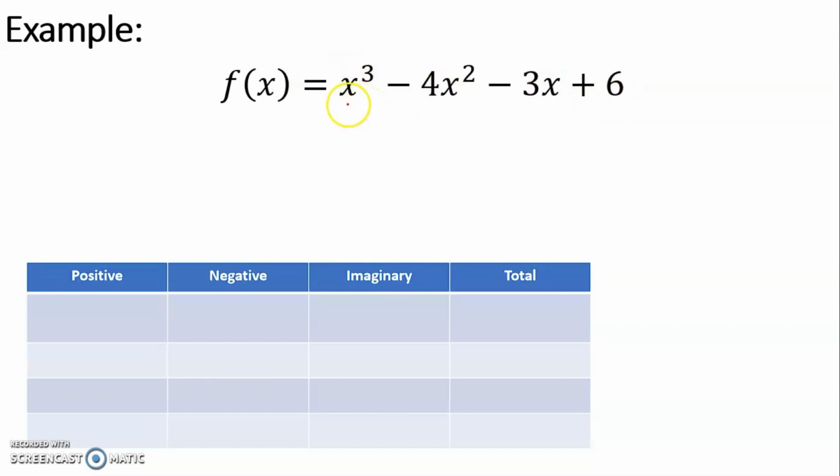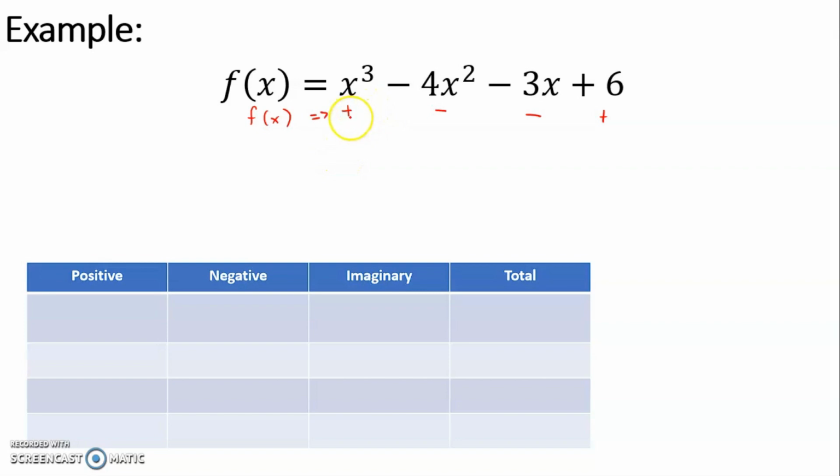So this is positive, this is negative, and this is positive. So this is the sign pattern for f of x. Then let us count the alternating signs. If two coefficients are alternating, it means that there is a change of sign.